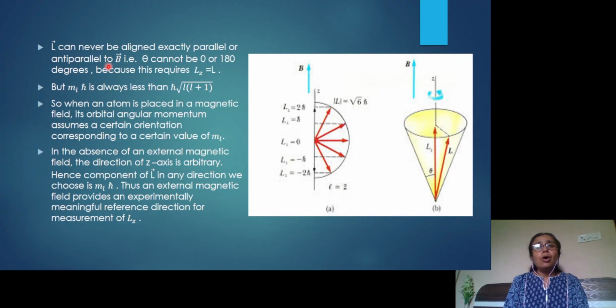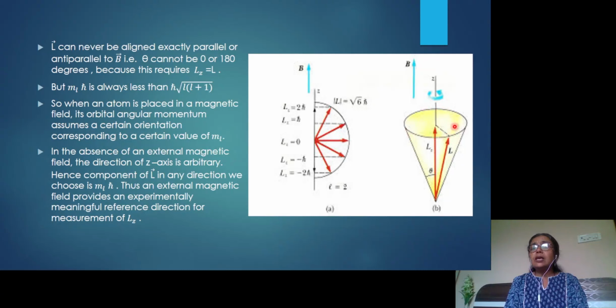So the vector tries to align L in the direction of B, but it is never possible to align L in the direction of B, and in the process there is a precessional motion of the L vector with respect to the direction of the B vector.